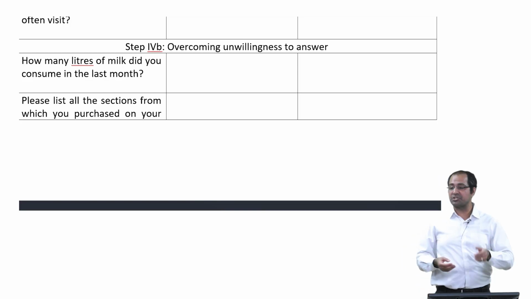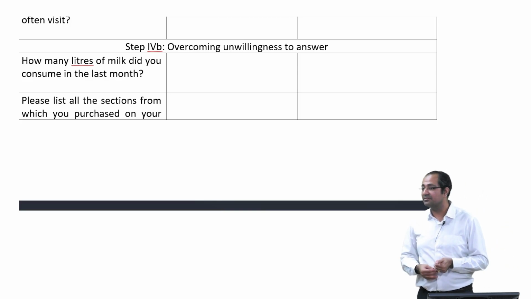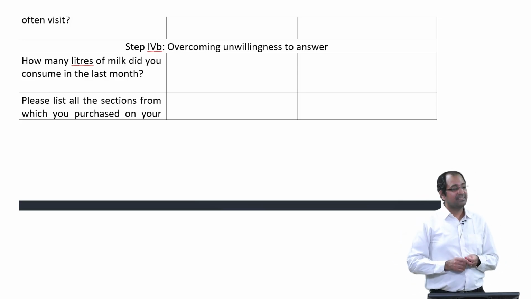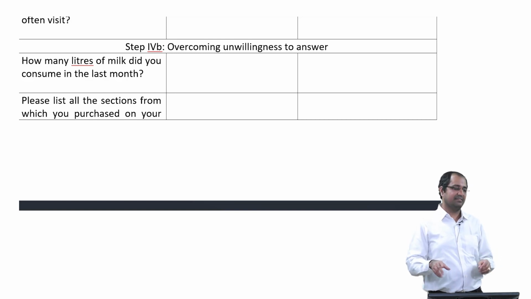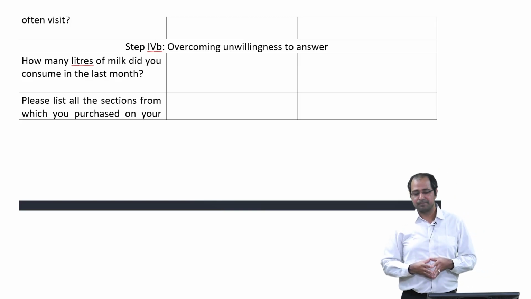Let's look at the first question. How many liters of milk did you consume in the last month? They will also not be able to remember, but here we are looking at another issue, unwillingness to answer. What is the problem with this?